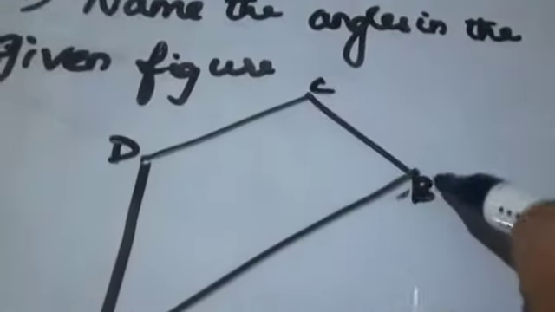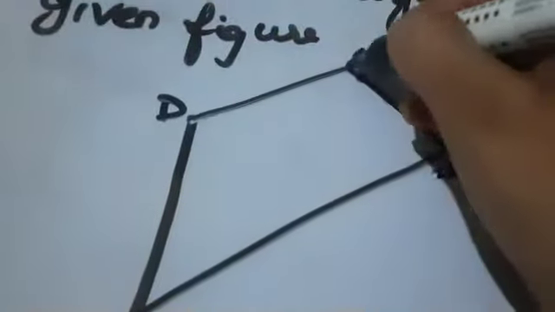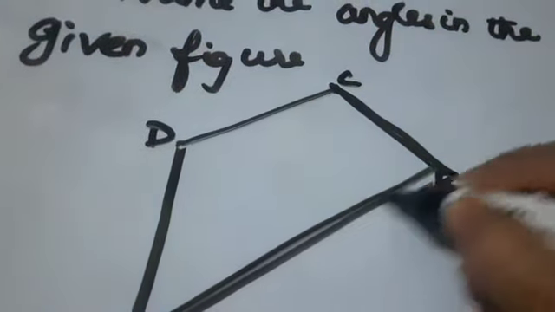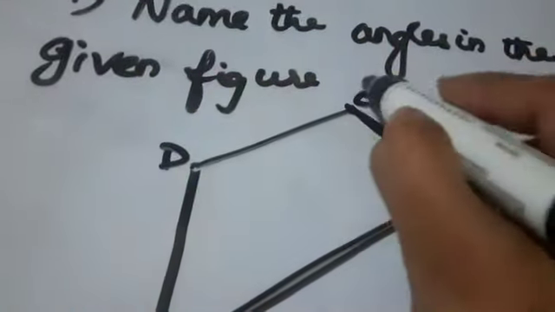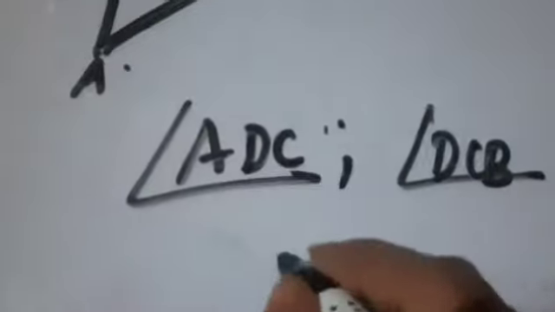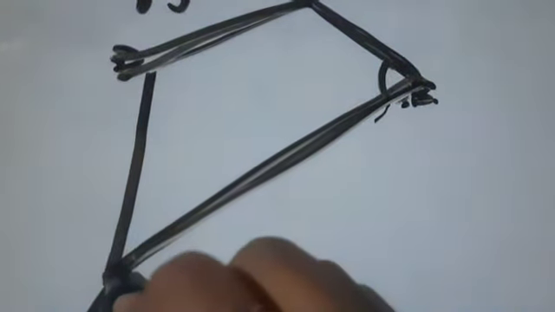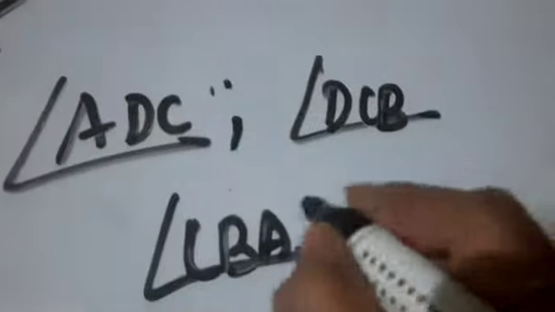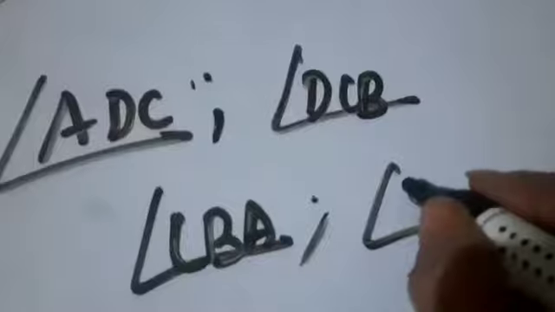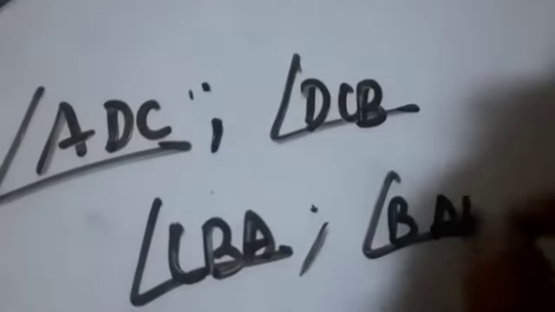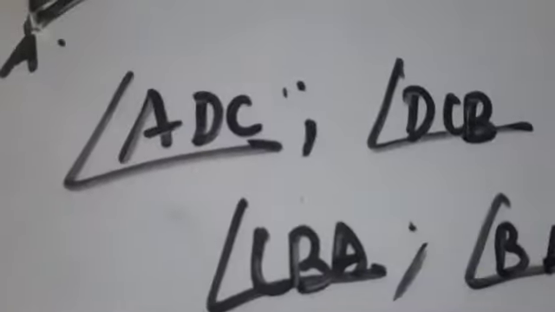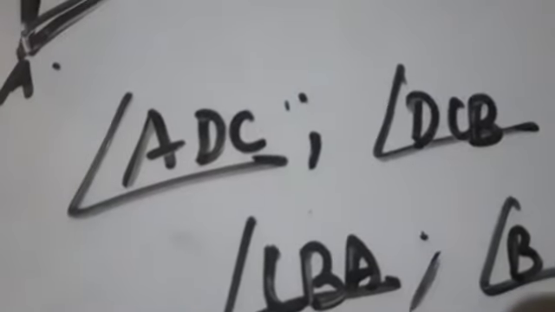Then CBA. See here, the first line and the second line intersect over here. So CBA is the third angle formed. Then one more angle is formed, BAD. BAD is the fourth angle formed in the given figure. So these are the angles formed in the given figure.